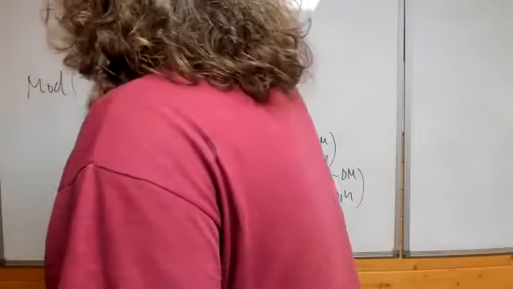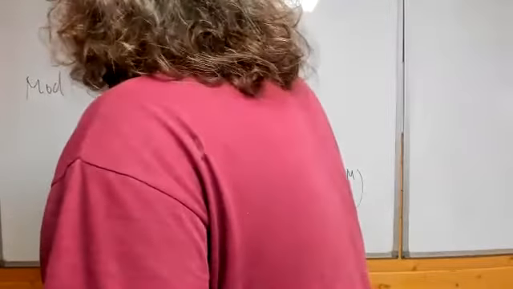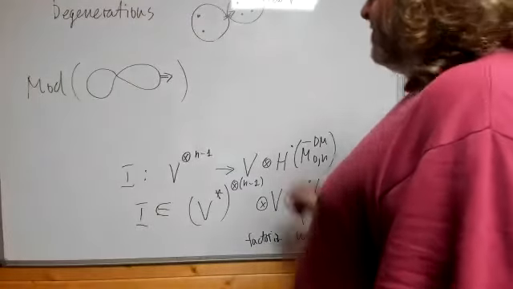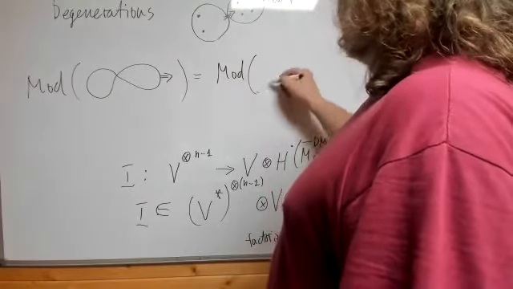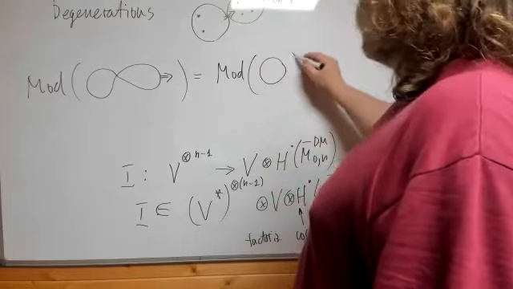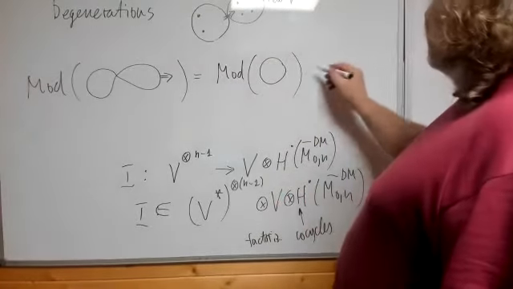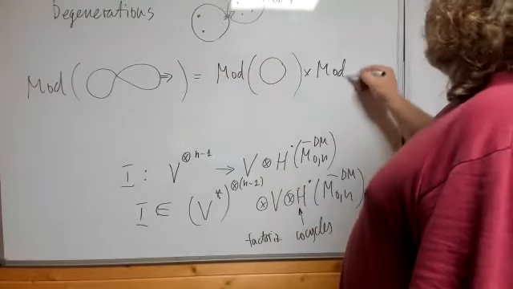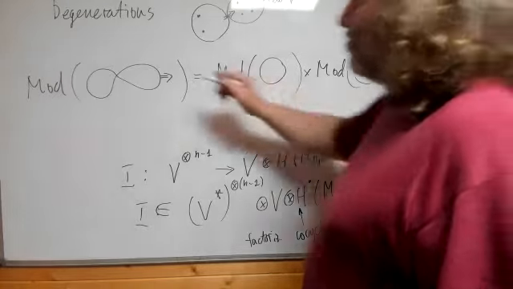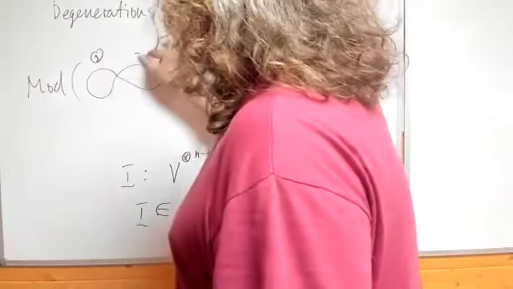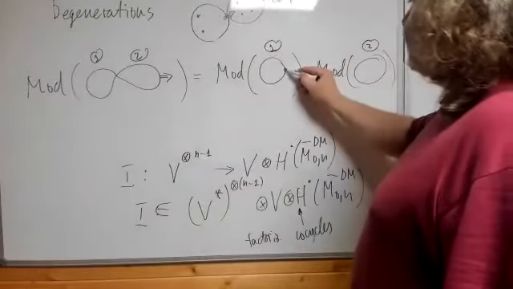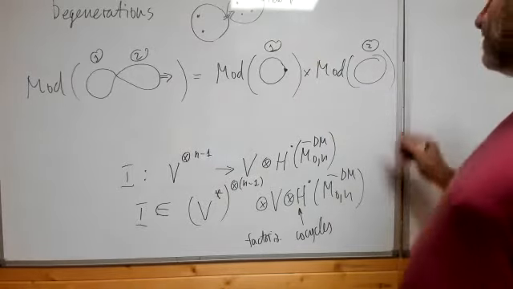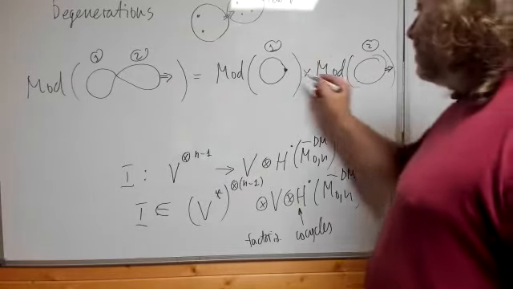So the moduli space of configurations of this type is actually the moduli space of this times the moduli space of this. So I call this presumably 1 second, 1 second, with a point here, with a point here.